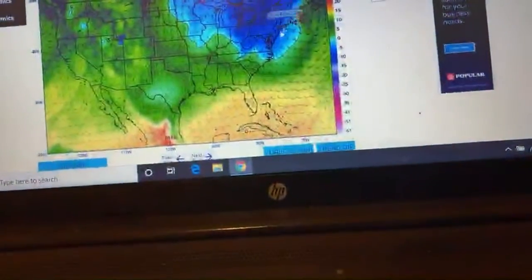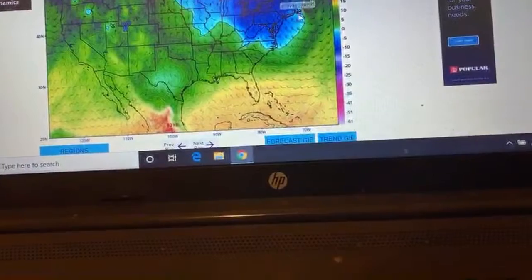Yeah, basically we're gonna get a big storm. Every 24, yeah. Oh man, parts of Boston are gonna get like a foot and a half of snow on Saturday. Really? Everyone's gonna get water.